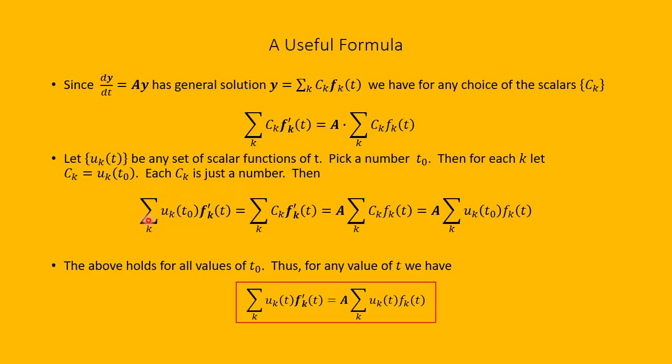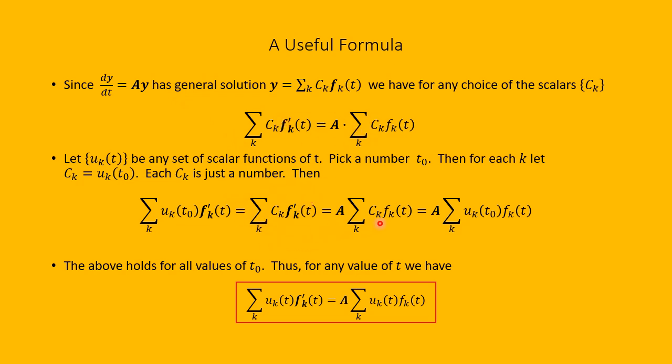So if we look at the sum of u sub k of t naught, f sub k prime of t, since this is equal to c sub k, we can write this as the sum of c sub k f sub k prime of t. And by the fact that we know that this satisfies this equation, this right here has to be true.